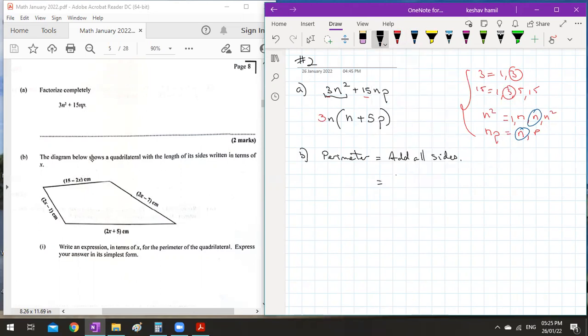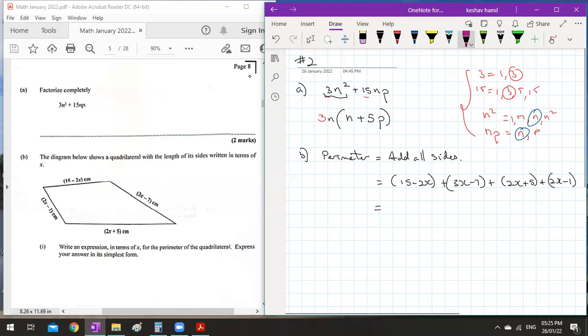We have 15 minus 2x, 3x minus 7, 2x plus 5, 2x minus 1. Now the cm is just the unit, so you don't have to write it in.